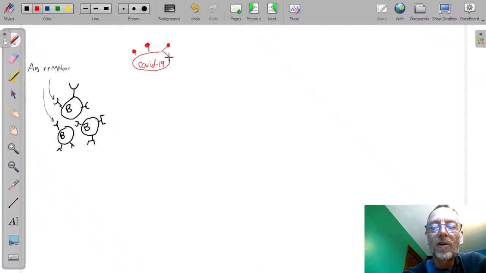Looks like a little crown or a little halo, so it's referred to as a coronavirus. The original SARS virus back in 2003-ish was another coronavirus. This one's very similar, yet different in some important ways.